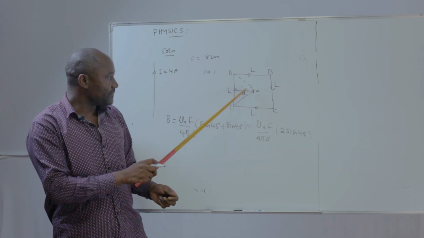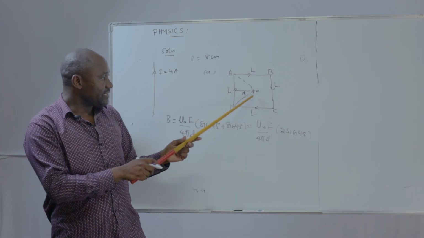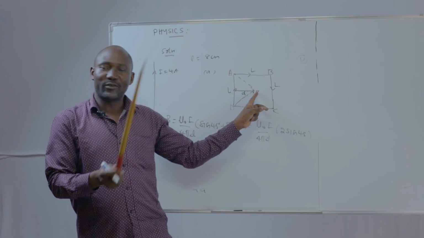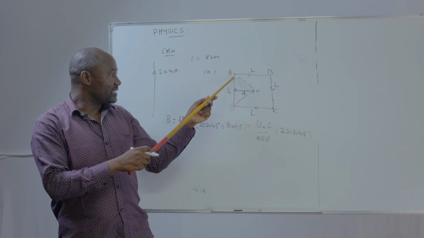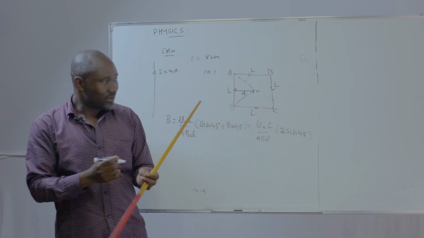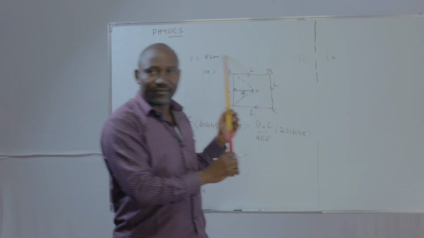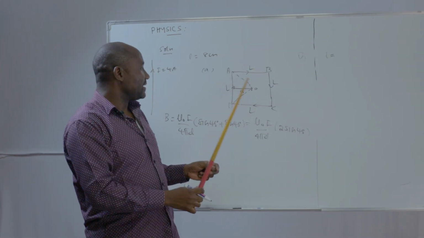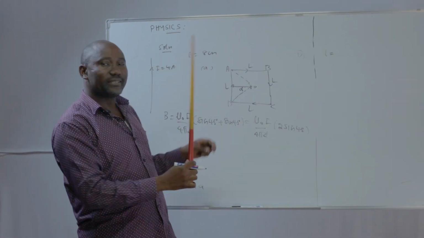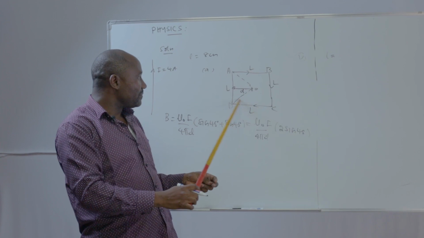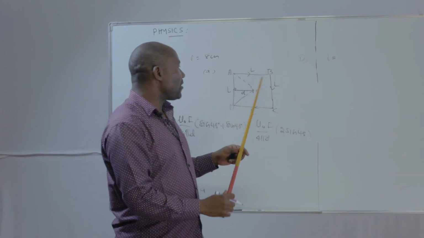Now, what is D? D is the distance from the center of the loop, which is the square, to this line. How do you get that? We know that the length of the wire, L, is given. This is 8. And when we talk of the length of the wire, it's the same length, but it has been bent to form a loop. So how do we find the length?